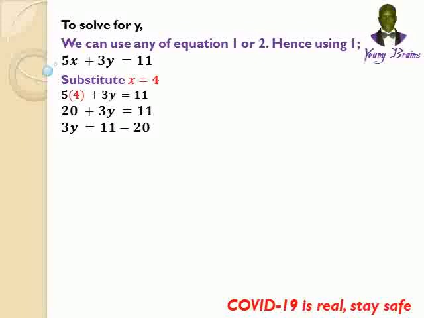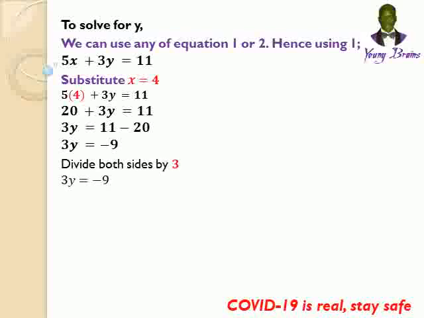So we have 3y equals 11 minus 20. This gives us 3y equals minus 9. For us to get our y, we need to divide through by 3, which is the coefficient of y. So divide both sides by 3. We have 3y divided by 3 equals minus 9 divided by 3. So this gives us y equals minus 3. So the answer to our y equals minus 3.